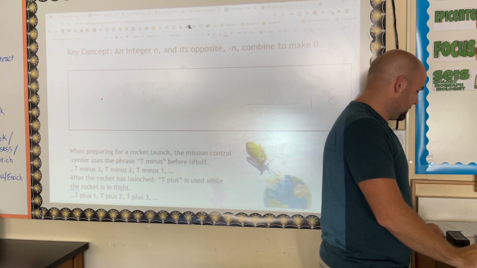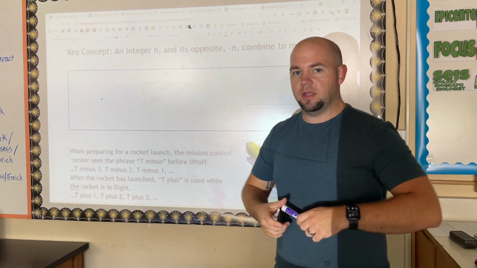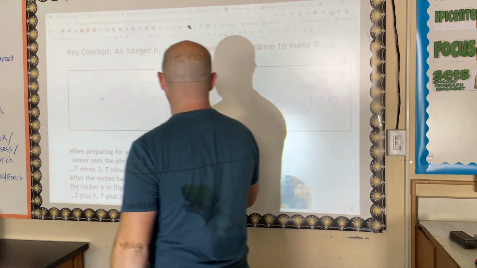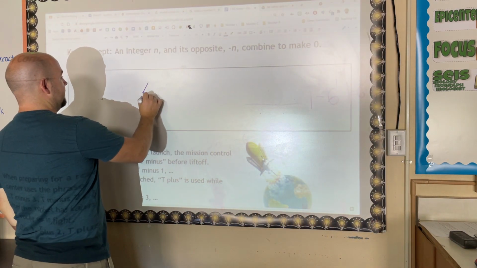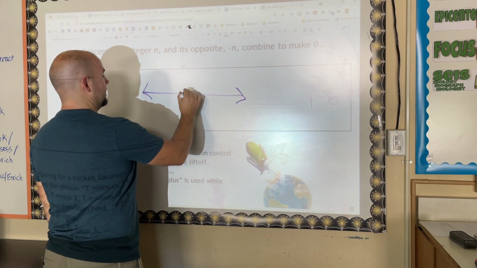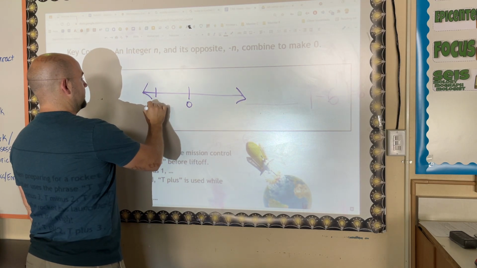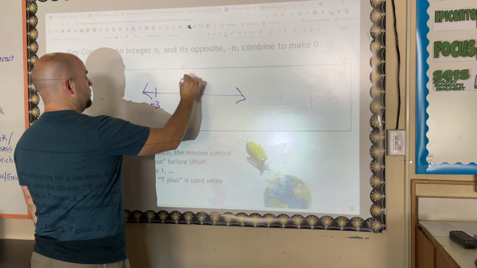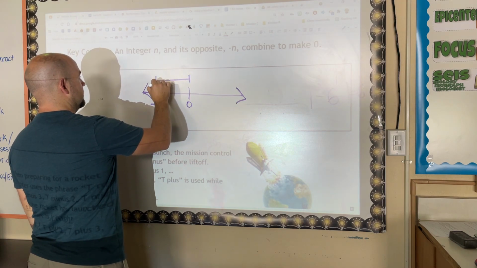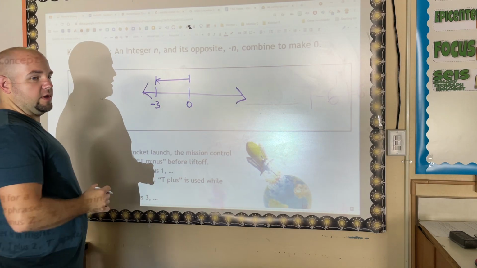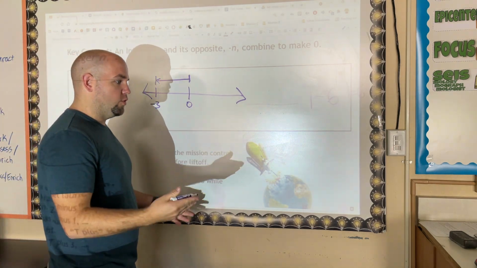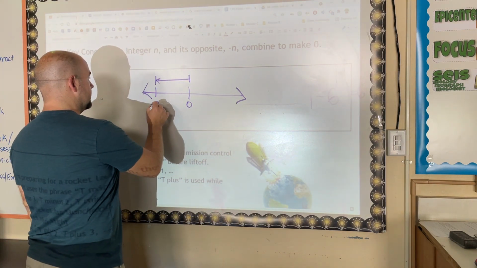So the key concept: an integer and its opposite combine to make 0. I just showed you the one. If I have a number line and I have 0, -3, if I started at 0 and I moved down to -3, I'm there.